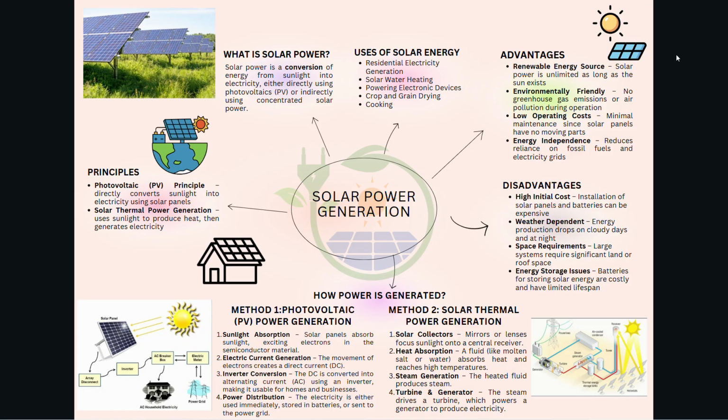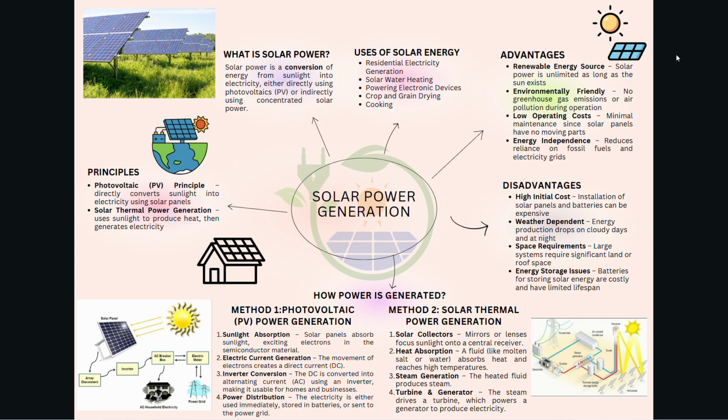And next is powering electronic devices. We can use a solar-powered portable power bank to provide electricity for smartphones, laptops and other devices. And the next is crop and grain drying.